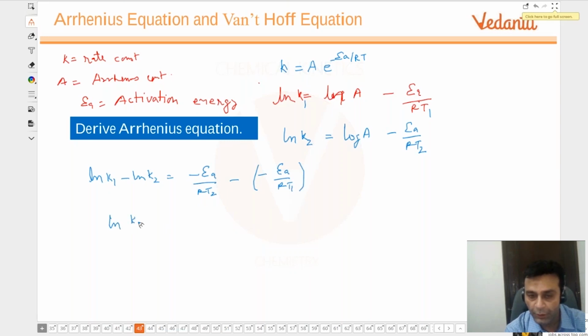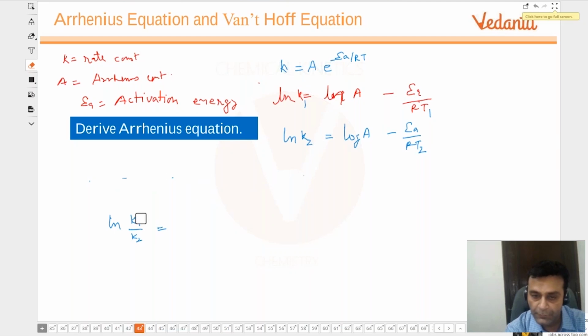Make it like this, 2 minus 1. Please make changes here.